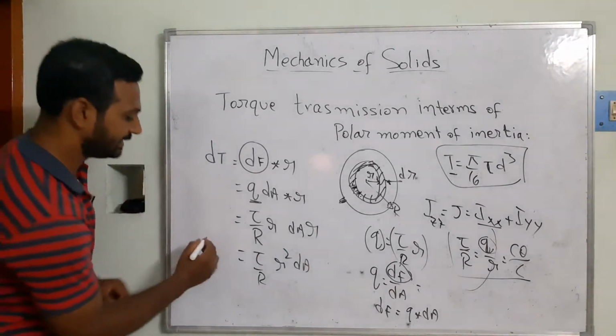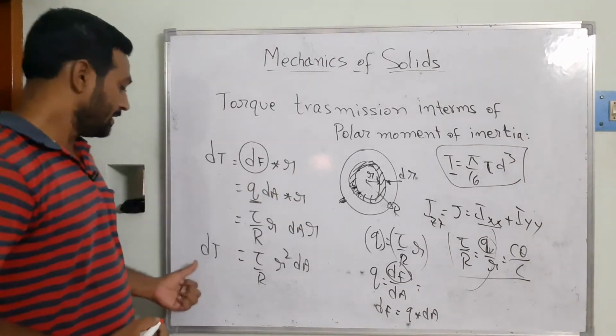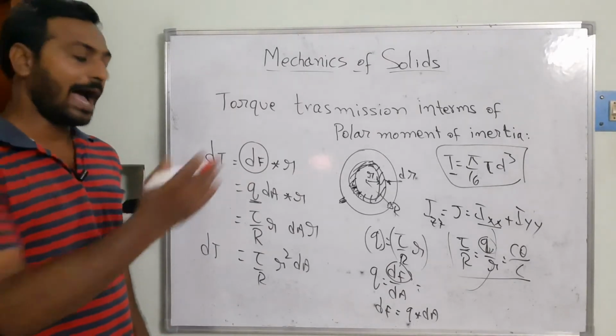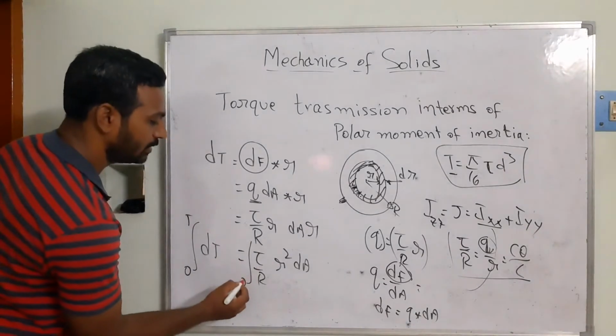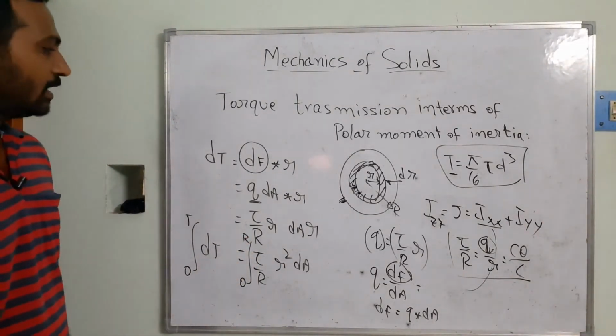We know this is dT, the torque carried by the elemental ring. So what I am going to do is take the integration, 0 to T on one side and 0 to R on the other.